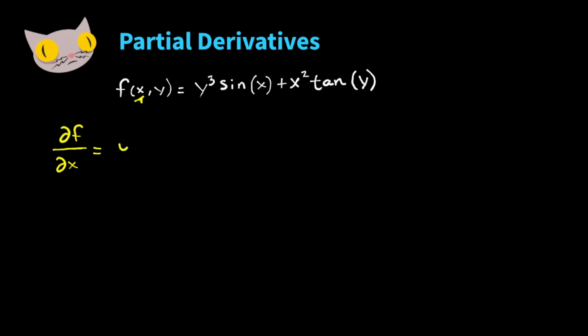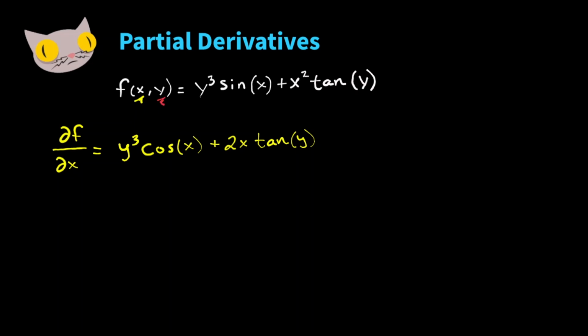That's going to give us y cubed times the derivative of sine of x, which is cosine of x, plus the derivative of x squared, that's 2x, times tangent of y. You see both terms had an x in them, so nothing went to 0.